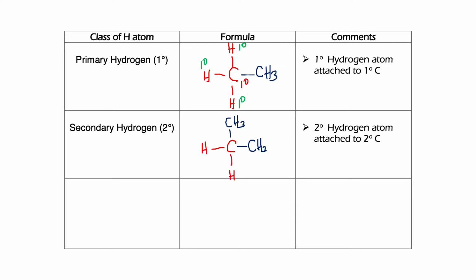If we classify this carbon, the red carbon, it will be secondary. And therefore, the red hydrogen will automatically become secondary hydrogen. So, kalau kita nak classify hydrogen itu, kita memang kena depends on the class of carbon.